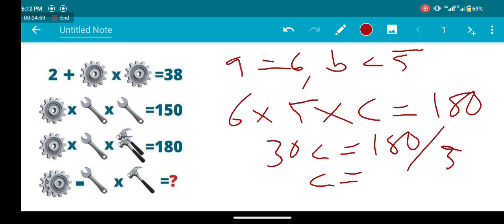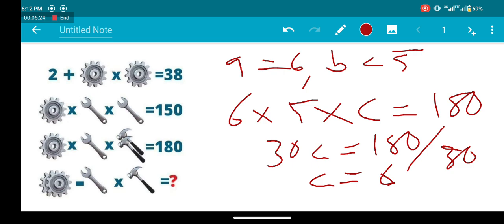When we divide it by 30, we have 6. So 6 times 30 times 6 is what?